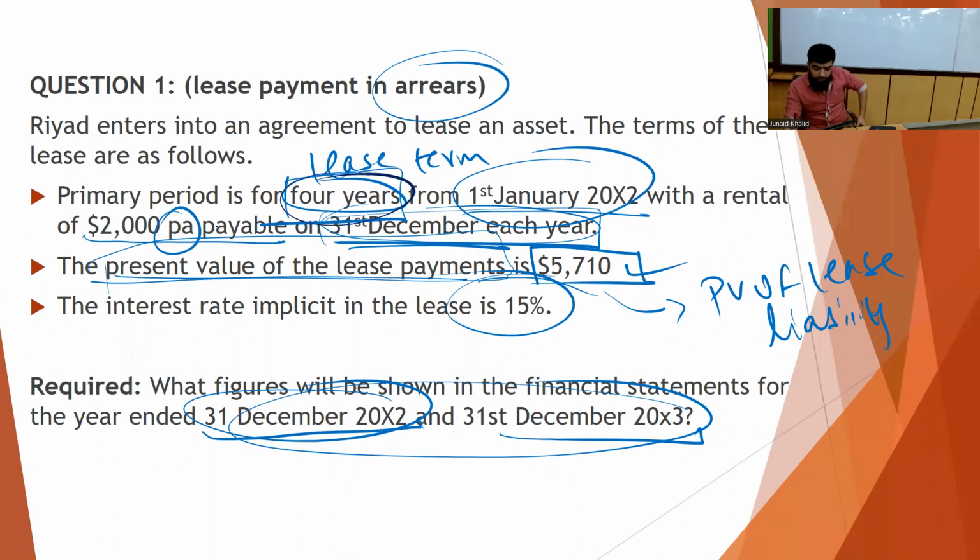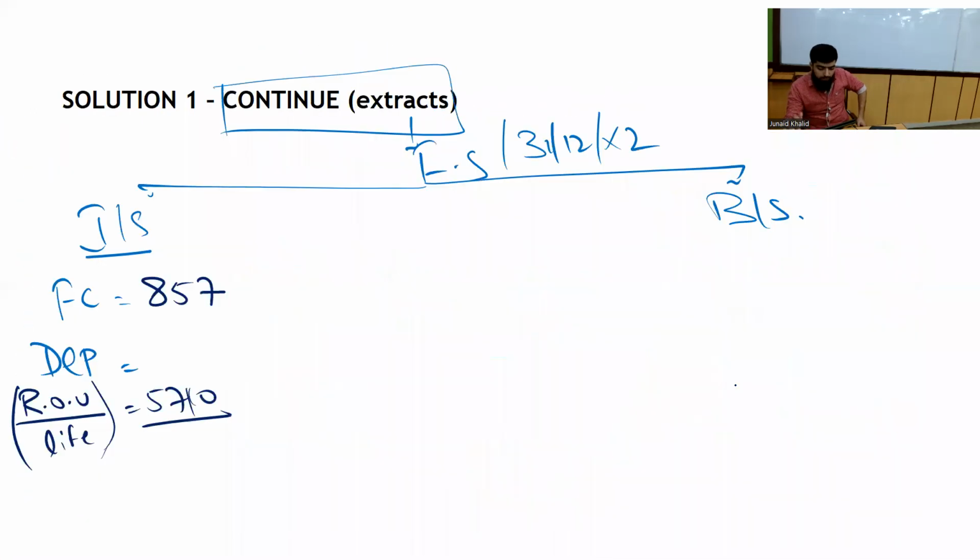So it will be divided over the period of 4 years. 5710 divided by 4 is 1428.